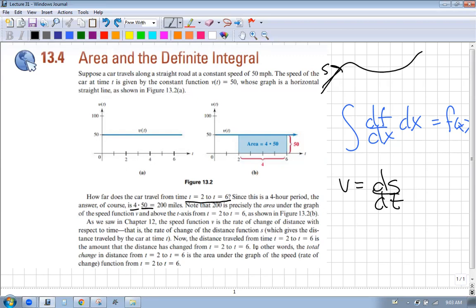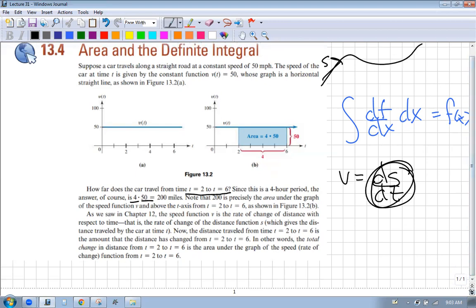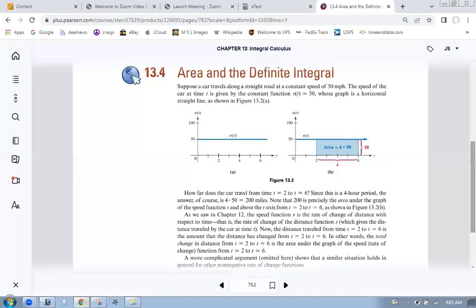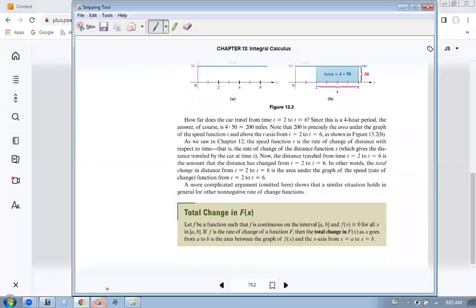Yeah, you're looking at the total change in distance. This is the change in distance. That's your velocity, right? You're looking at the total change in distance from 2 to 6. So if you're driving, your distance, which is s, is always changing. We're looking for the total change from 2 to 6. That gives us our area. Anyhow, it'd be better to have an animation for this.